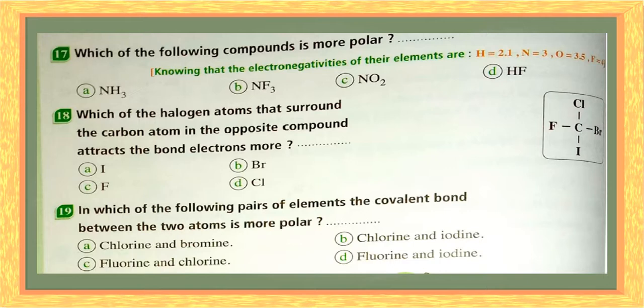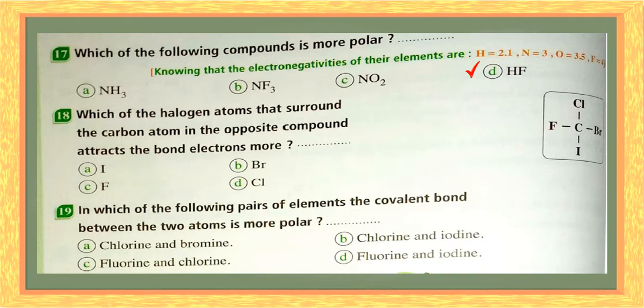We want the more polar one. N and O: 3.5 minus 3 gives 0.5, and H and F: 4 minus 2.1 gives 1.9. So the right answer will be HF. As the difference in electronegativity is greater, we have the more polar compound here.